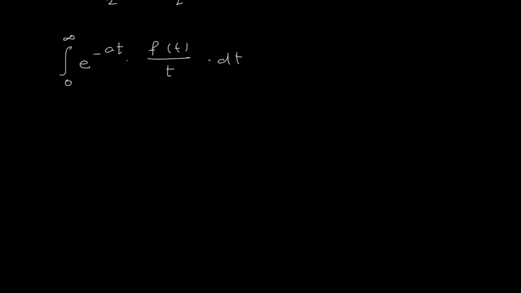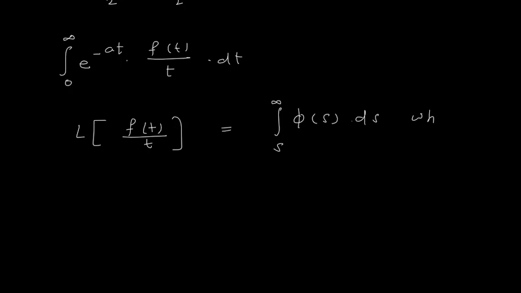Laplace of f of t upon t is nothing but the integration from s to infinity of phi of s ds, where this phi of s is nothing but Laplace of f of t.